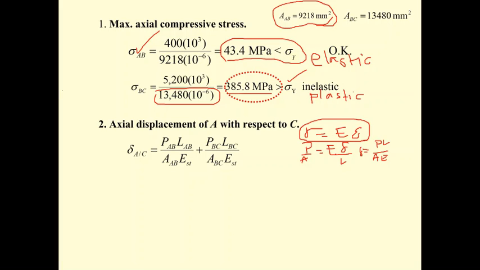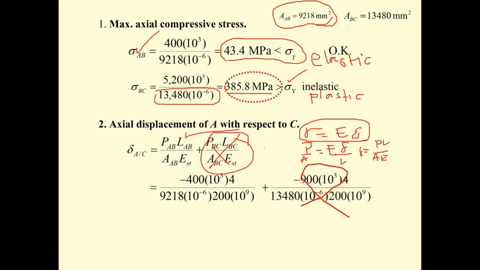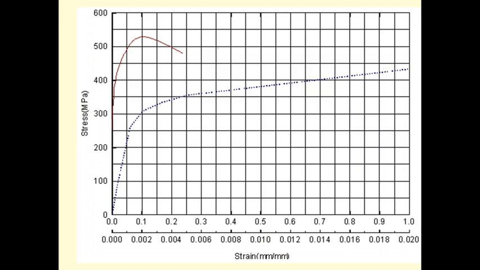So AB is okay, but BC is not okay, because this one is in plastic behavior. We are going to determine the deformation based on the strain obtained from the stress-strain diagram for the plastic behavior.